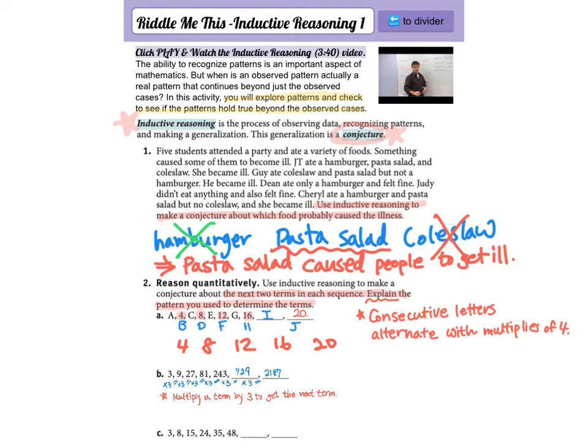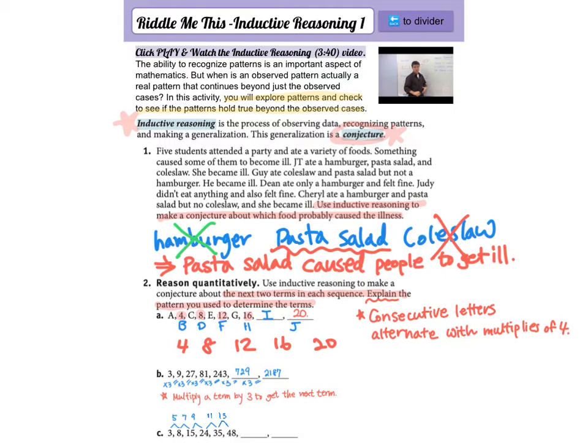That will be 5. What about 8 and 15? The difference between those is 7. 15 to 24 is 9. And then 24 to 35 is 11. 35 to 48 is 13.